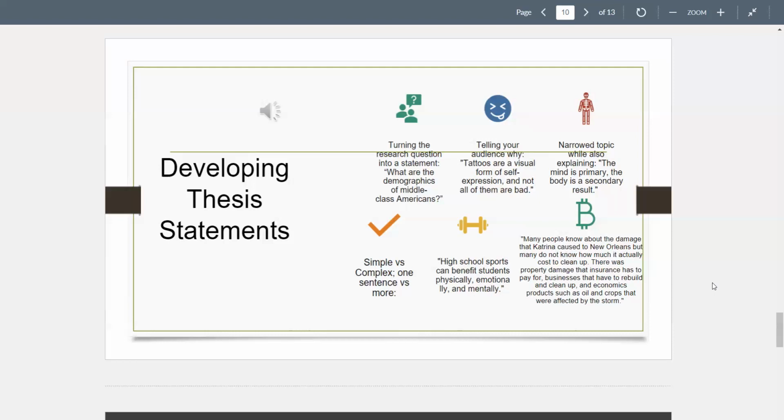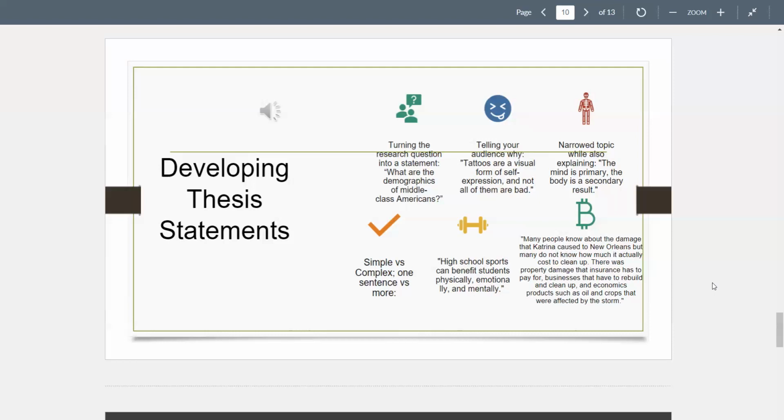An example of a simple one would be: "High school sports can benefit students physically, emotionally, and mentally." I know from reading this that the paper is going to be about high school sports, that the writer is going to convince me why they're beneficial to students in the areas of body paragraph 1, physical benefits, body paragraph 2, emotional benefits, and body paragraph 3, mental benefits.